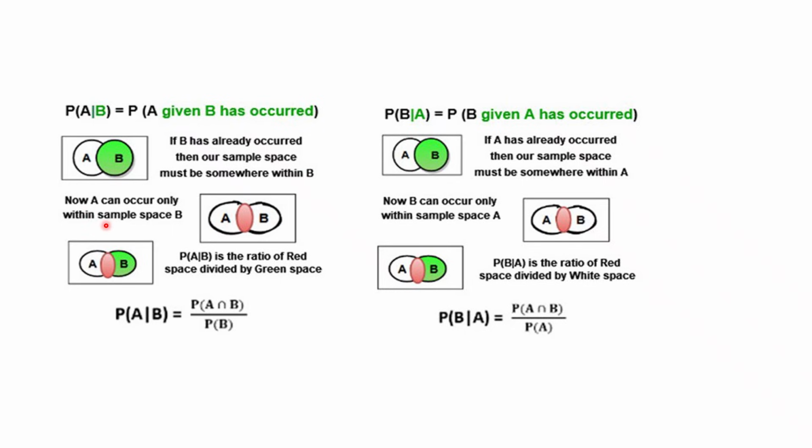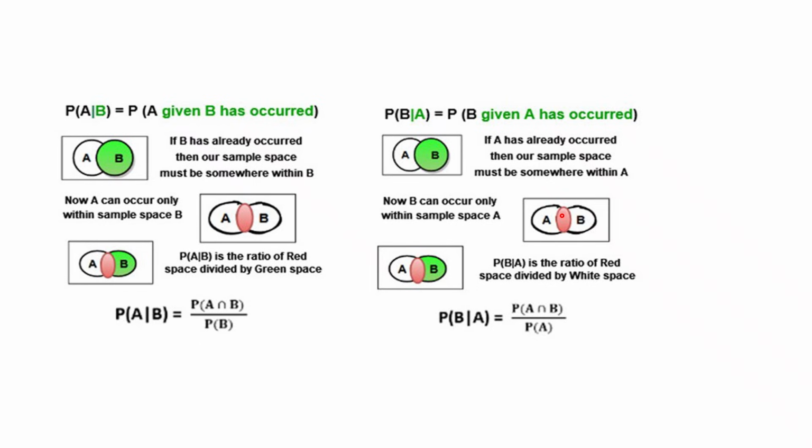Similarly, now A can occur only within the sample space of B. For this, only this part we will take, which will be common. So here it is given, the common part. Therefore, probability of A given B is the ratio of the red space divided by the green space. Now B can occur only within the sample space A. So probability of B given A is the ratio of the red space divided by the white space, isn't it?